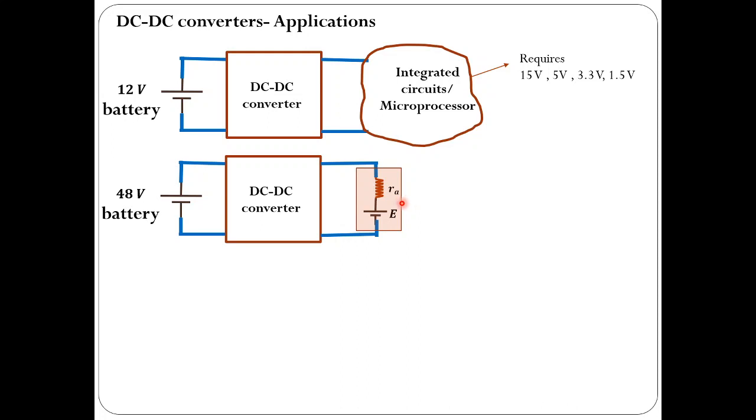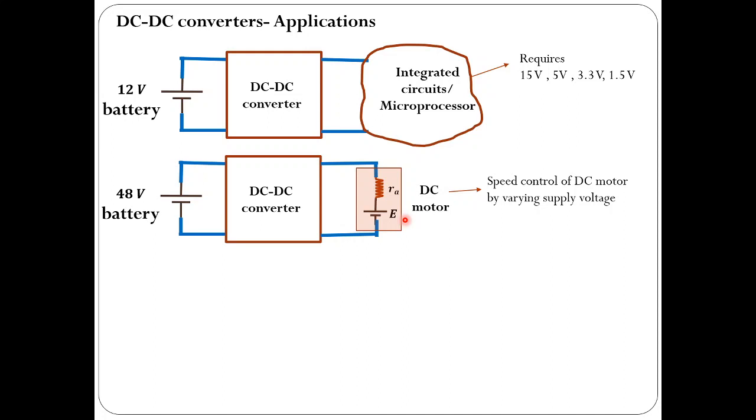Then how can you control the speed of the motor? The speed of a DC motor can be controlled by controlling the supply voltage. We know that a DC motor has an armature circuit and a field circuit, right? So by controlling the field terminal voltage or the armature terminal voltage, one can control the speed.